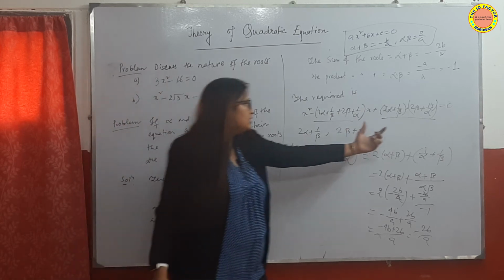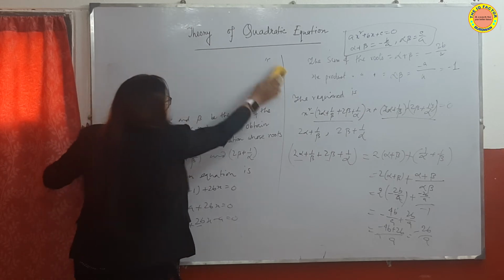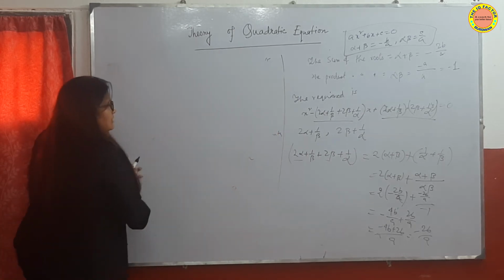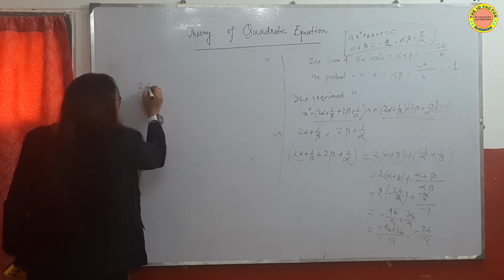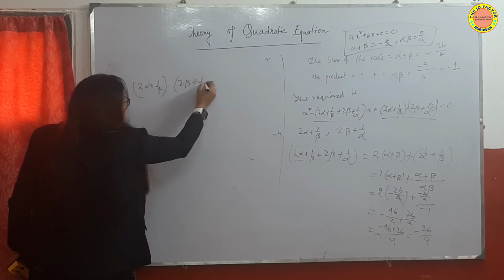Now we will find out the product of the roots. What is the product of the roots? Product of the roots is 2 alpha plus 1 by beta into 2 beta plus 1 by alpha.